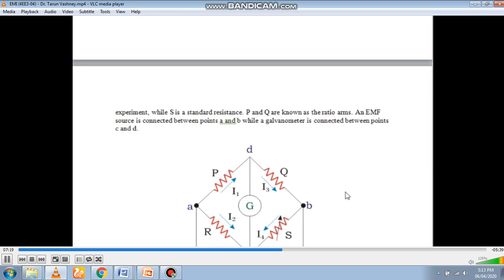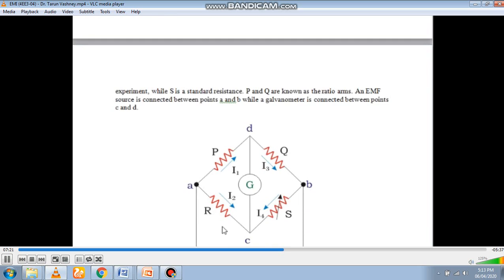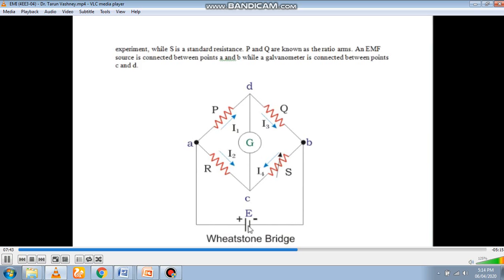It mainly consists of 4 arms: P, Q, R and S. The values of P, Q and R are known, and the value to be determined is denoted by S, which is unknown. An EMF source is connected between points A and B, while the galvanometer is connected between points C and D.